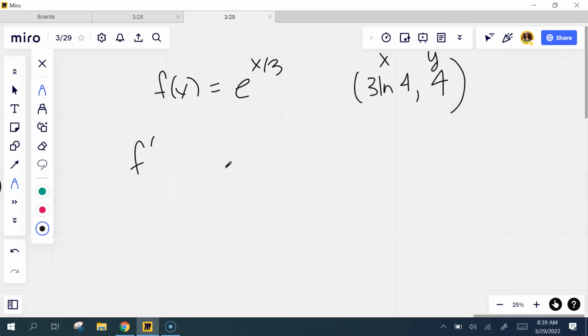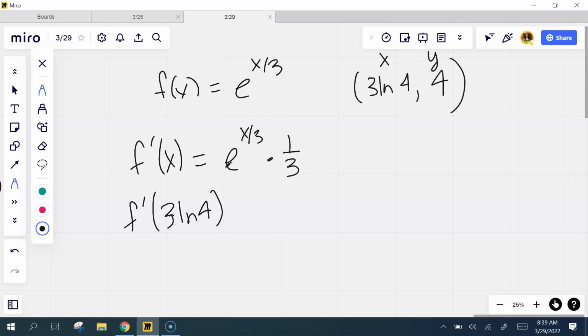So all I'm going to need to do is find the derivative. So e to the x over 3, chain rule times 1/3, because I got to do the derivative of that exponent, right? So now what is the derivative at 3 log 4? Because that is going to be my slope of my tangent. And I'll have a point and a slope.